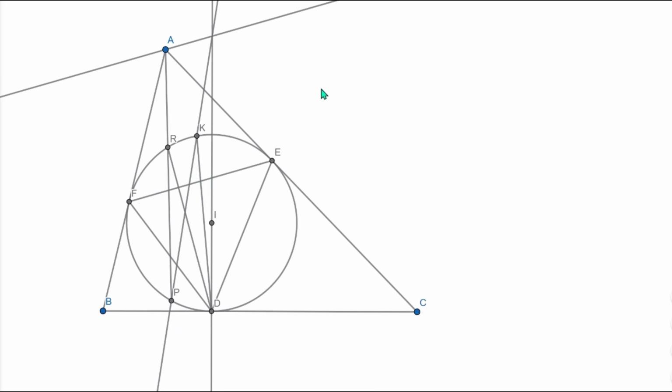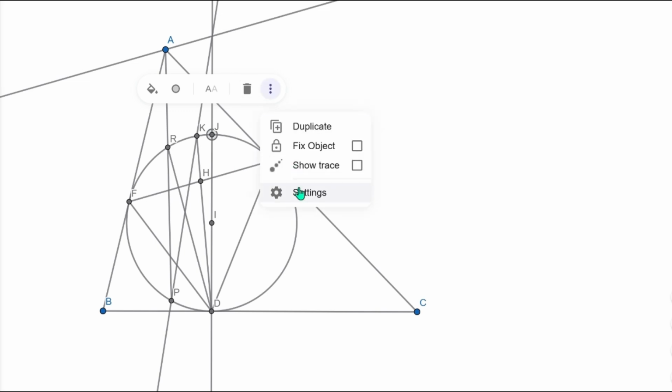So let's redefine the point K as the intersection of DH here, where H is the midpoint again, with the circle. And we wish to show that PK intersecting DI meets this line through A parallel to EF. Now I'm going to intersect this again with the circle here and call it D prime here.